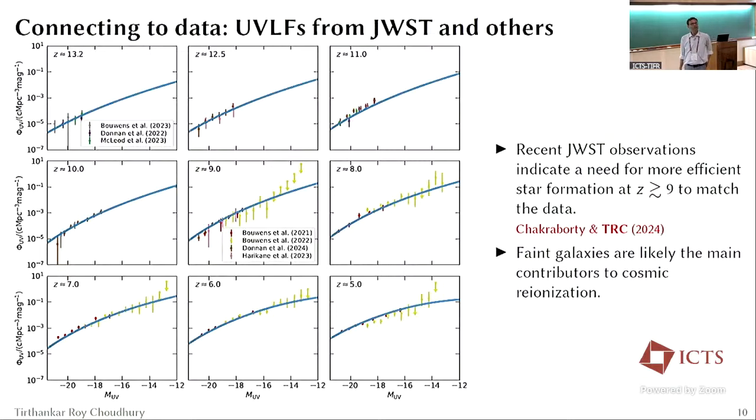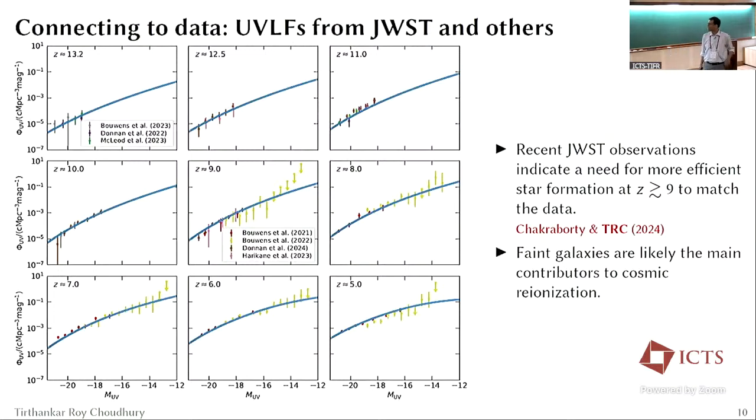Of course, we model the UVLF. You basically have to model the efficiency parameters appropriately so that you can match the luminosity function across a wide range of redshifts, from 5 to 13. This was already done by Anirban in an analytical setup, and we just implemented it in the semi-numerical model.